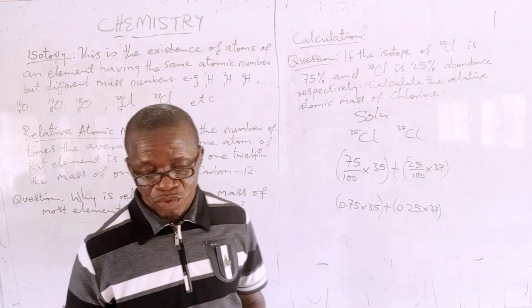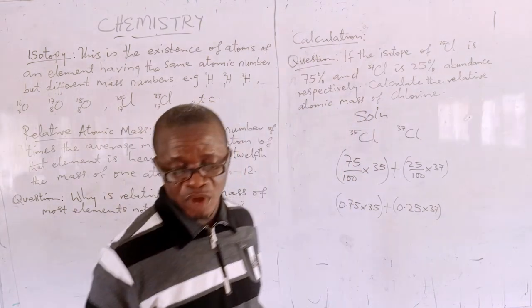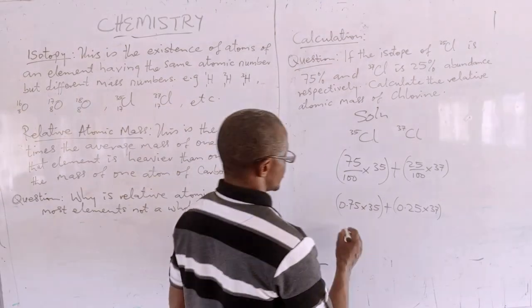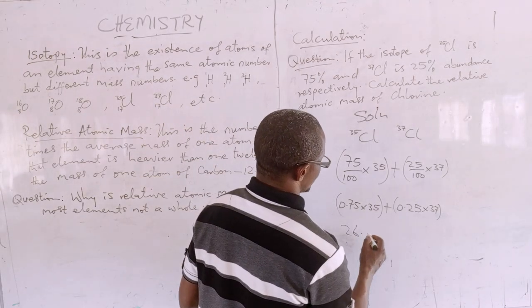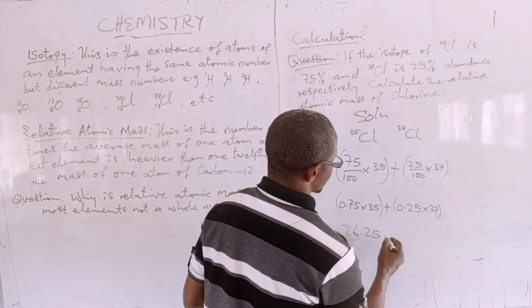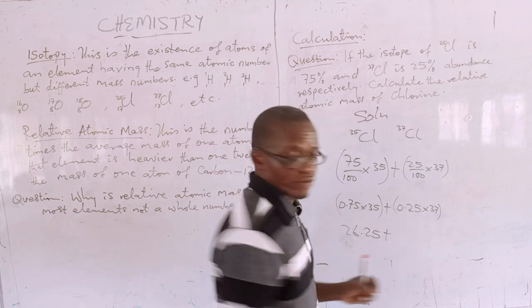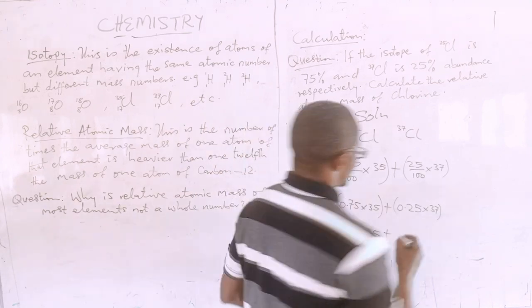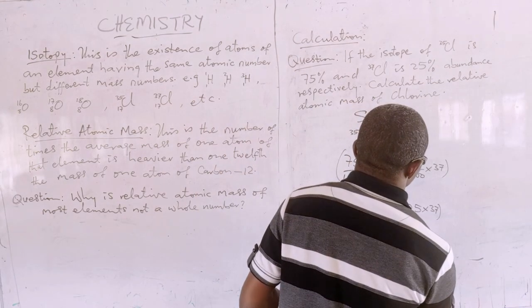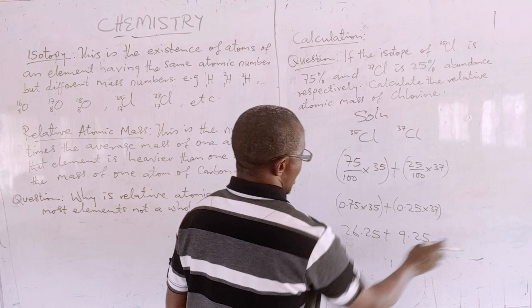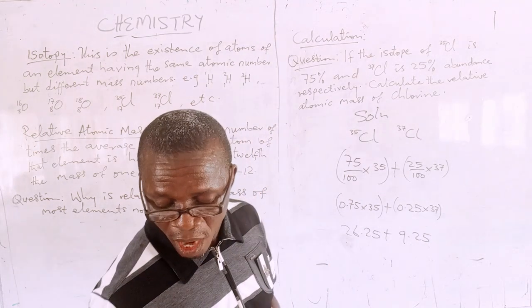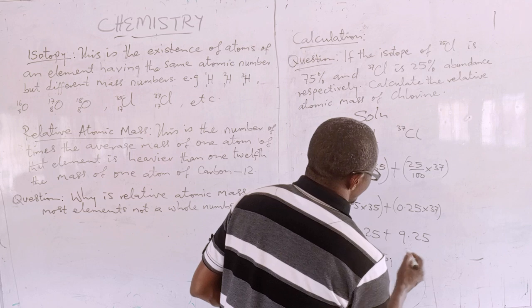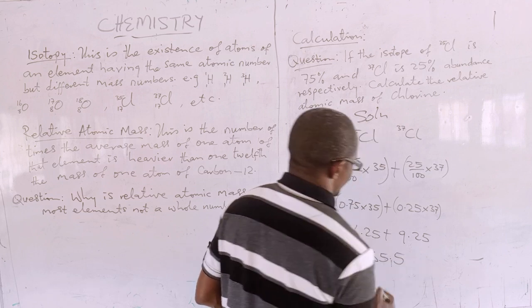So if you consider that, you have 26.25, I'm not with a calculator now. If you use your calculator, you see 9.25. Then add the two, you have 35.5.